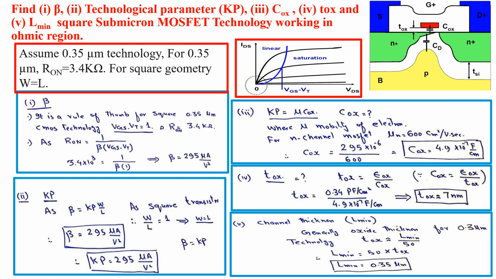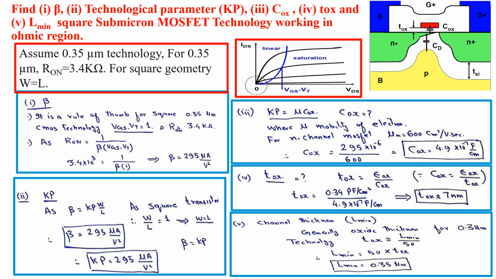In other words, the difference between gate to source voltage and threshold voltage should be very close to 1 for a 0.35 micrometer channel length working in the ohmic region. So that's why we replace VGS minus VT by 1. In this way, beta is calculated, and beta is equal to 2.95 microampere per V square.